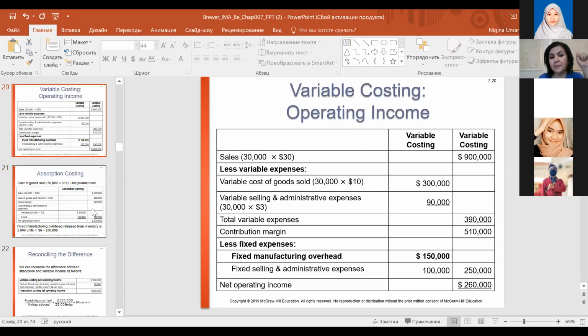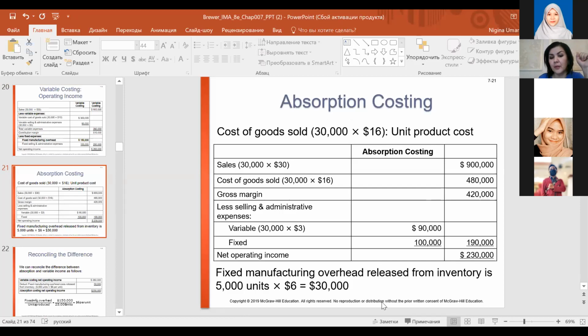You see? Because the 30,000 which comes from year 1 is now included in the income statement of year 2. And of course, it decreases net operating income.